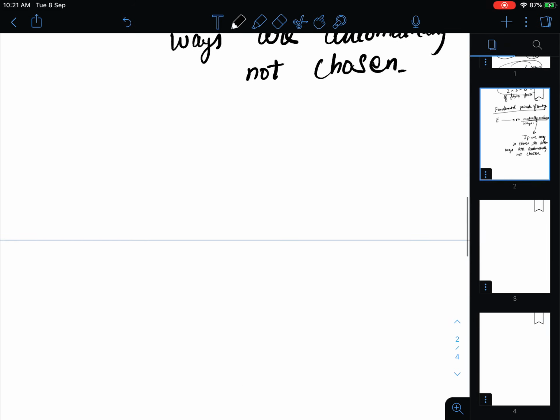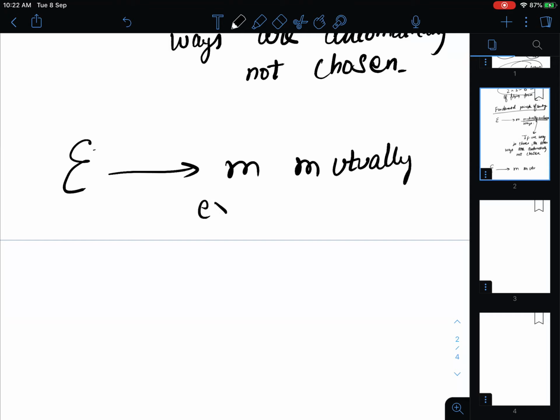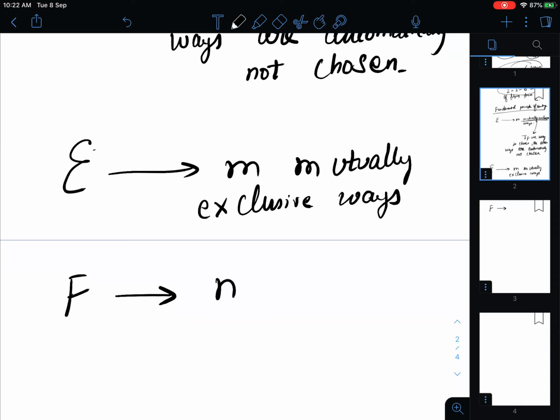Now, to continue our abstraction, suppose event E can happen in m mutually exclusive ways. And suppose also, independently of event E, another event F can happen in n mutually exclusive ways.